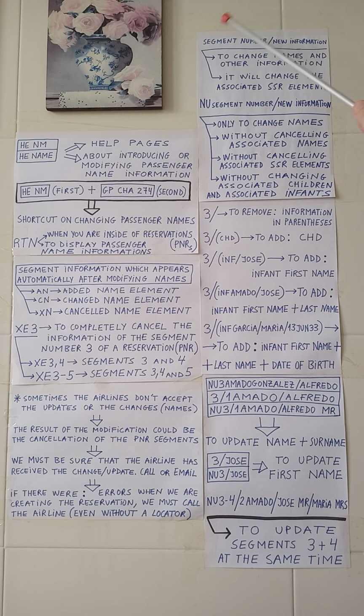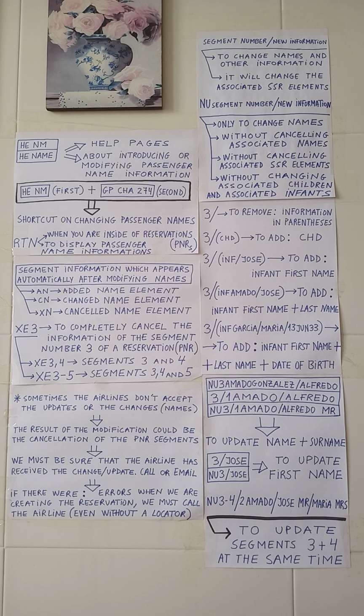The first way to modify a name is to write the segment number of the PNR where the name is located and then write a forward slash followed by the new information that we will modify the name after the forward slash.